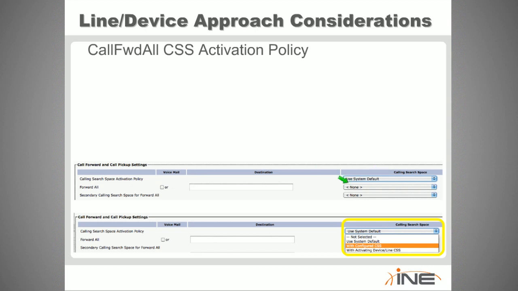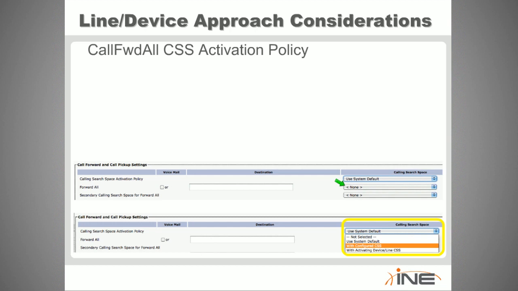Then as they fill in digits, if a pattern or DN doesn't match, in other words, it's not found in a partition within your calling search space already pre-configured on your call forward all line page for CSS, you'll actually get reorder tone as you're putting in your call forward all destination on your physical phone. So that's a good idea to limit call forward all to begin with.